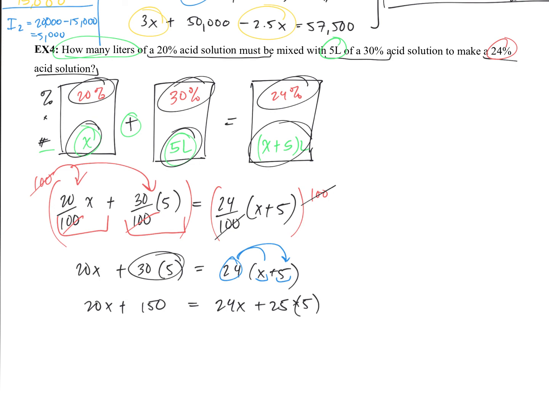Let me rewrite that. I don't like using x when I already have a variable x in my equation. What is 24 times 5? Oops, that should be a 24. 24 times 5, well, 5 times 4 is 20. 5 times 2 is 10, plus that extra 2 is 120.